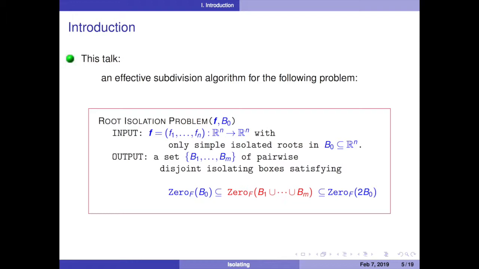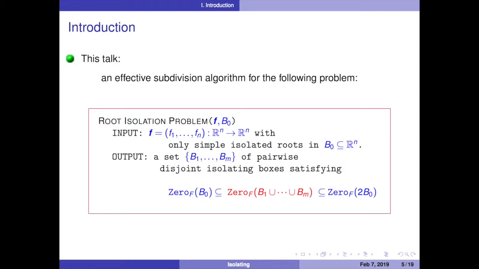So we have to output a set of boxes B1 to Bm that are pairwise disjoint. They have to be disjoint so you don't duplicate the count of the roots. And each one contains exactly one root. Okay? And furthermore, you want to make sure that the zeros in these boxes actually contain all the roots which are in the region of interest in this B0, box 0.